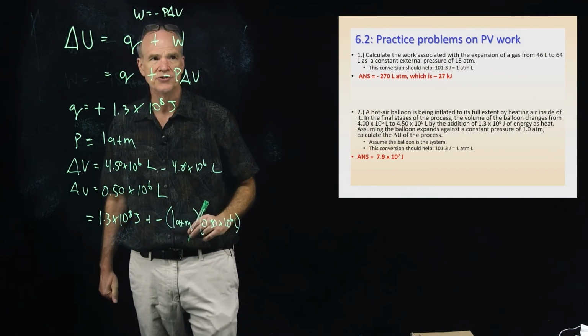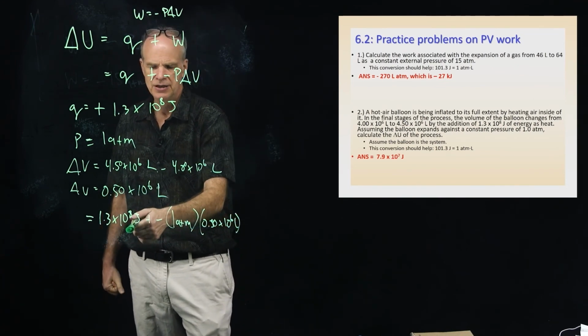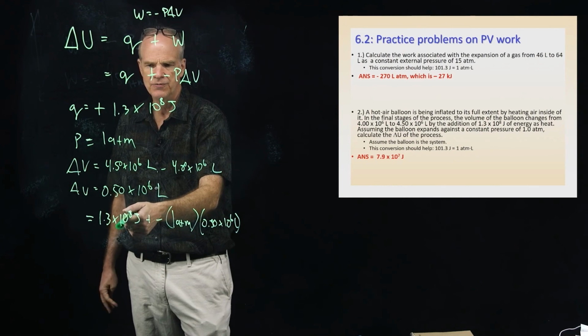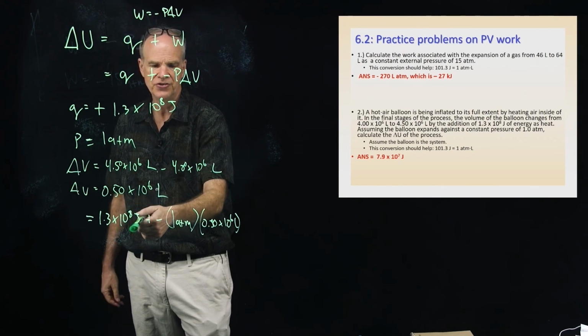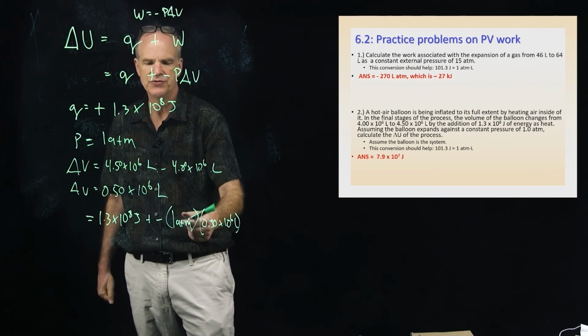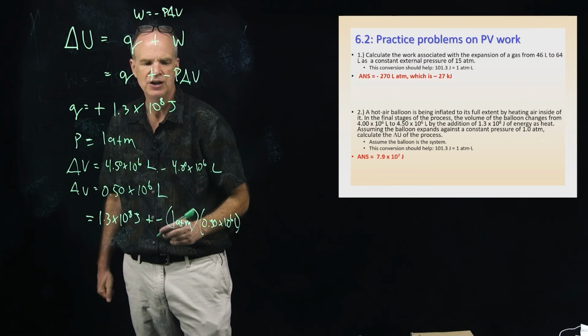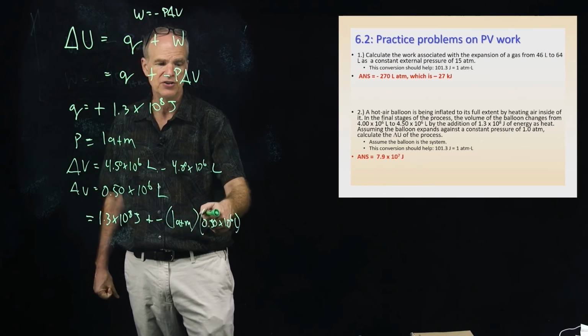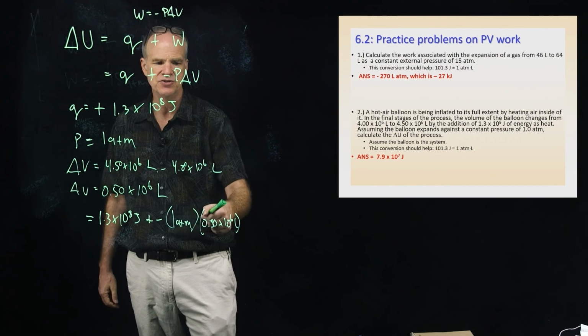Now, one of the things you can see right now is we have a bit of a problem in that the first energy term is in joules, but this second energy term from work is not in joules. It is in liter atmospheres. And so you're going to have to convert liter atmospheres into joules. And you can actually do that within the problem.